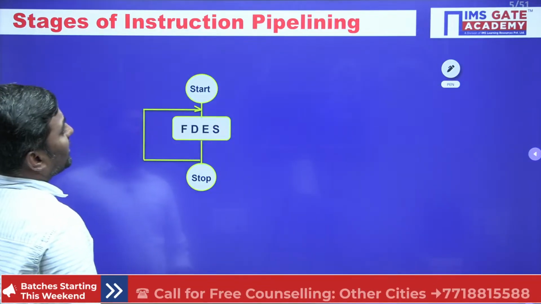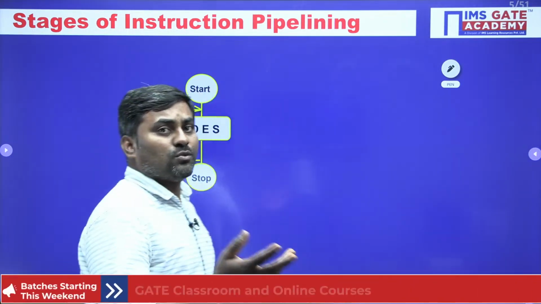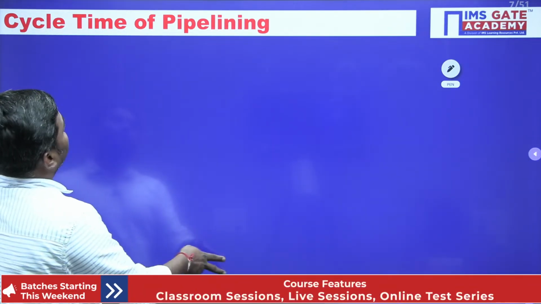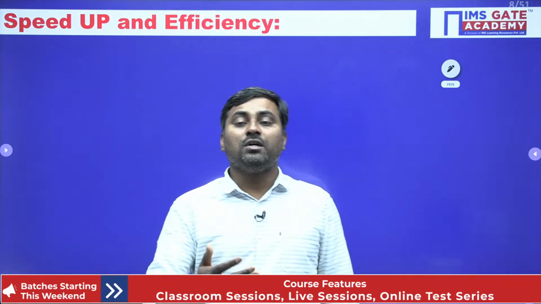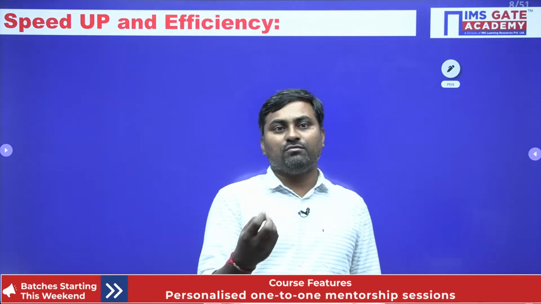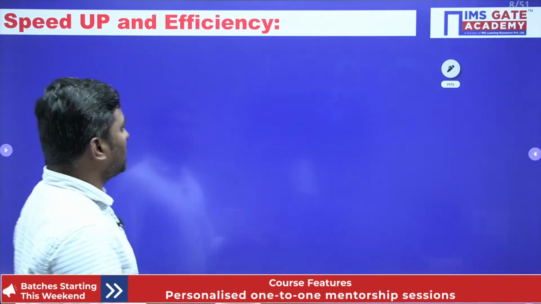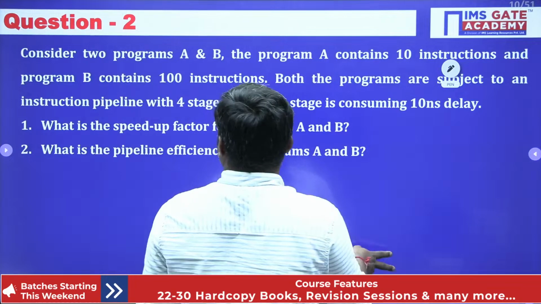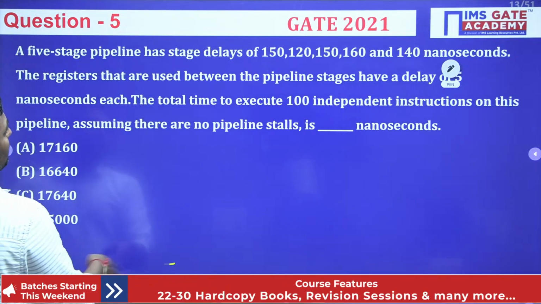We also saw the various stages in the instruction pipeline, like 2 stages, 4 stages, 5 stages, 6 stages, followed by the cycle time of the pipeline and the speedup factor, which is a factor measuring the performance of the instruction pipeline. We also saw the efficiency, followed by numerical problems, question 1 to question 5, which we have solved.